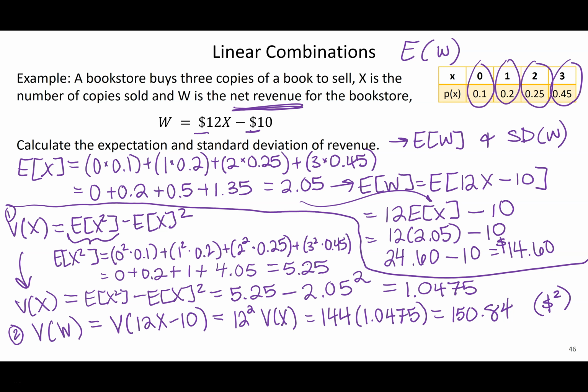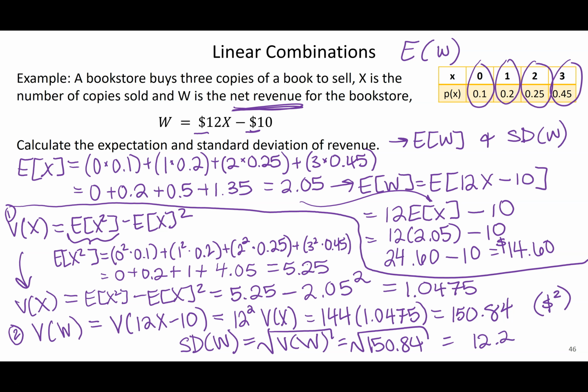We are going to go ahead and square root. So my standard deviation for W is going to be to square root the variance for W. So square root that 150.84. And we are going to get something like 12.28169, and it's in dollars.